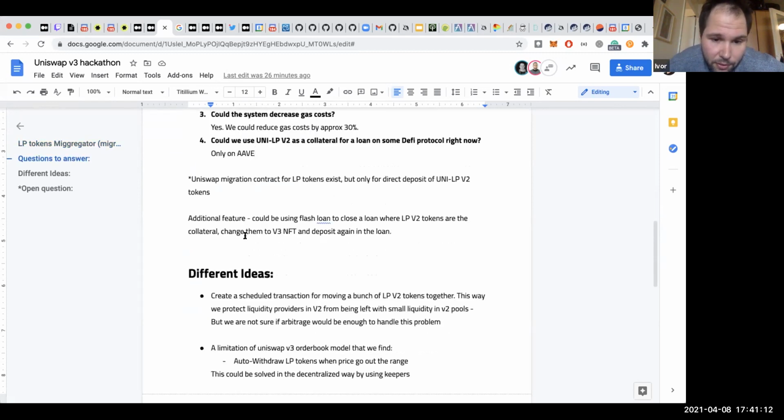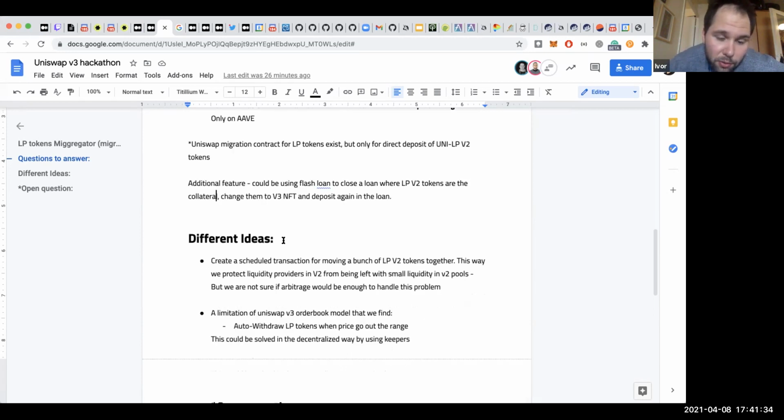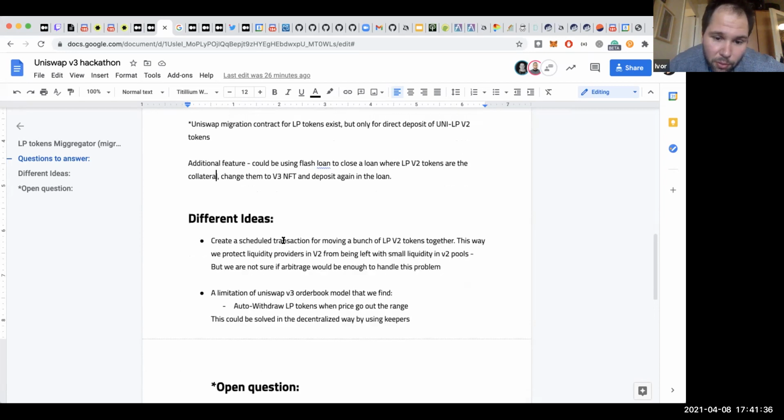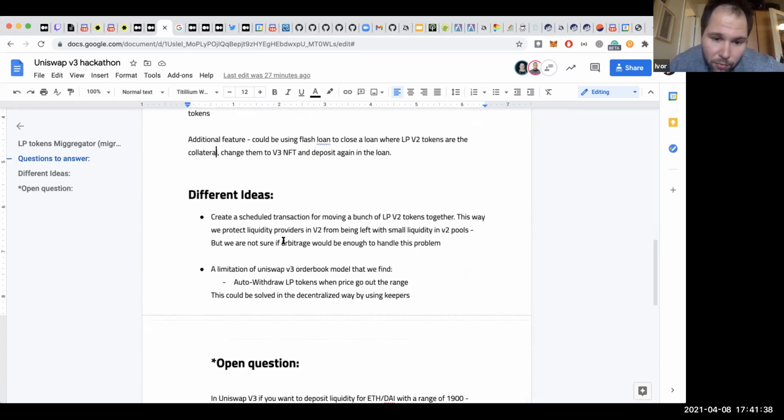After that, we were also thinking about an additional feature of flash loans, where you, for example, can close your collateral position by taking a flash loan, then transform those tokens to an NFT and open the loan again. But it also runs into the same problem, that there is not enough volume of those tokens.